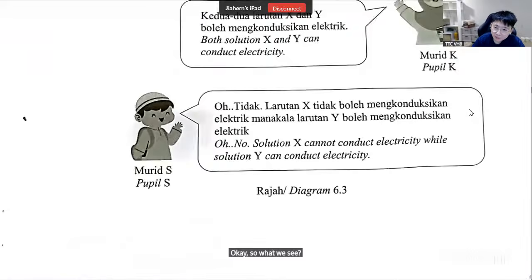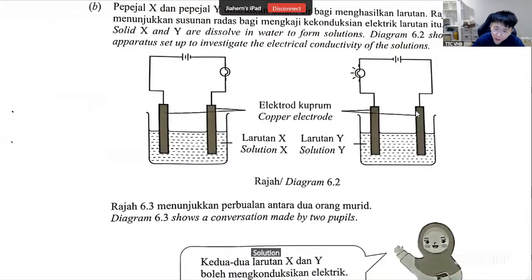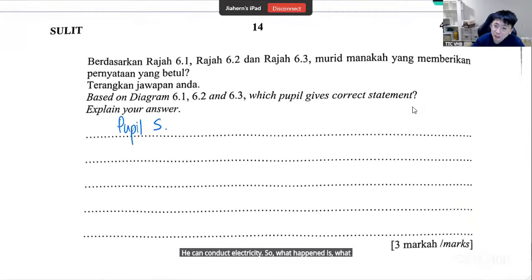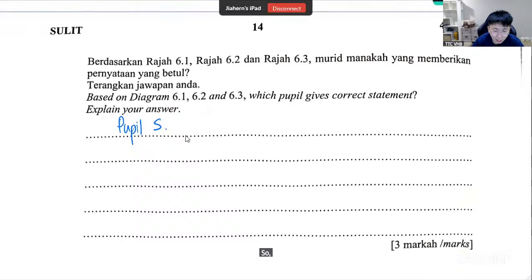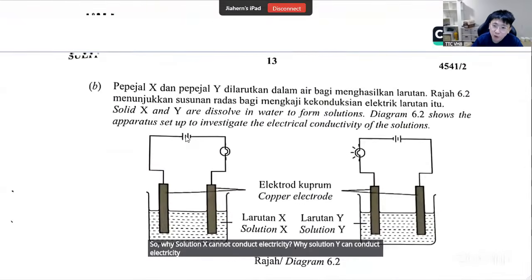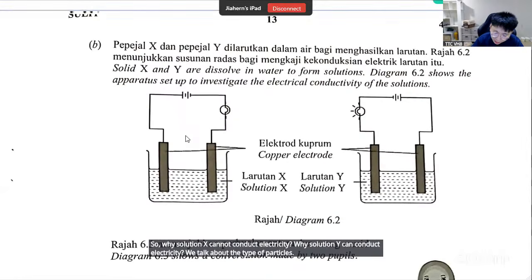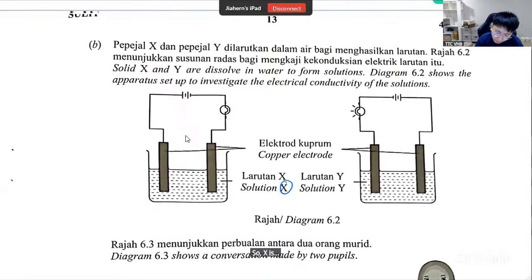So solution Y can conduct electricity. What is the type of particles that gives you this explanation? Why solution X cannot conduct electricity, why solution Y can conduct electricity, we talk about the type of particles. X is your sugar.